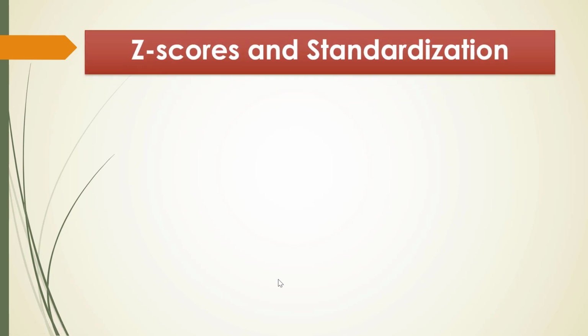Next, z-scores and standardization. As I said, the shape of the normal curve depends on two parameters, the location and the scale parameter, mu and sigma.